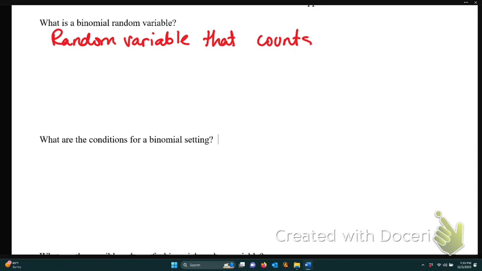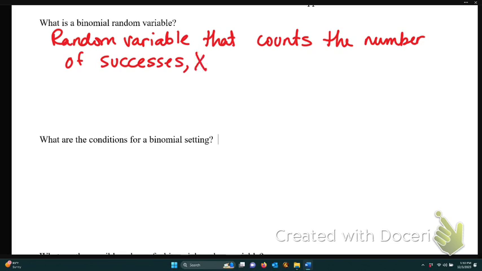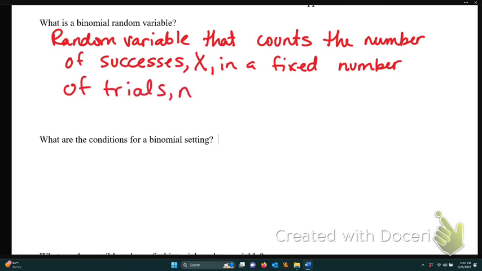Counts, there it is, that's why it's discrete, that counts the number of successes, that's going to be x, in a fixed number of trials. And that's going to be n, your sample size, basically. A random variable that counts the number of successes, x, in a fixed number of trials, n.